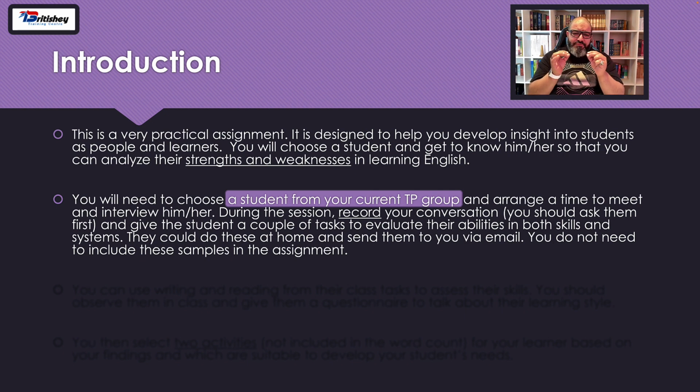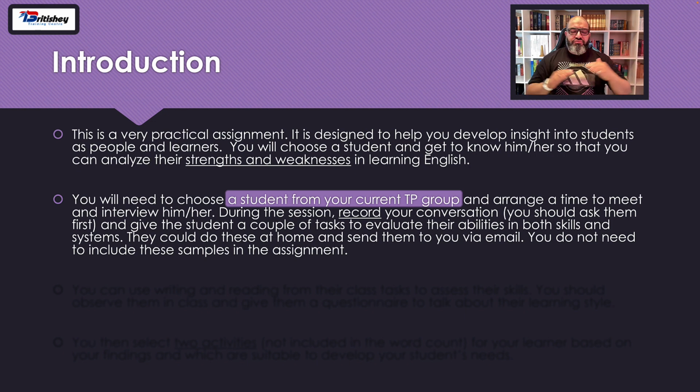So when I say a student from your current TP group, then you need to check first which group of students is mine. Is it the elementary group or the intermediate group? Because in this assignment, you're going to focus on a TP student from your group. Someone might say, Shadi, is that so important?